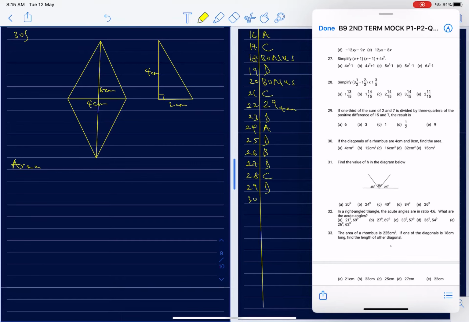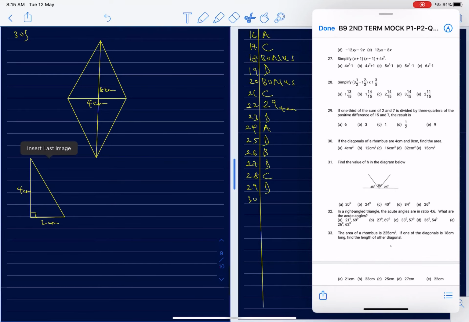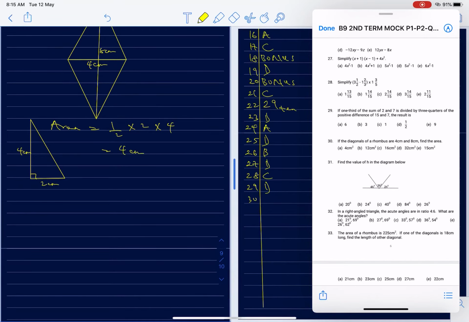Let me bring it down here. Area equals half base times height, 1/2 times 2 times 4, and that's 4 centimeters squared.